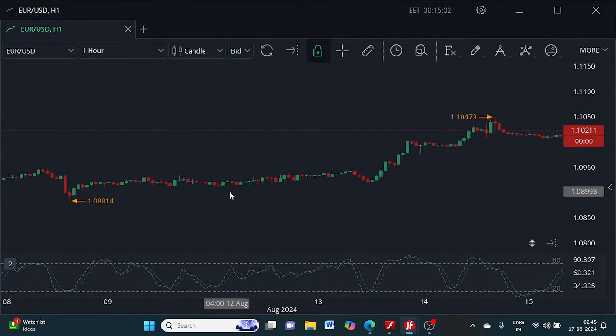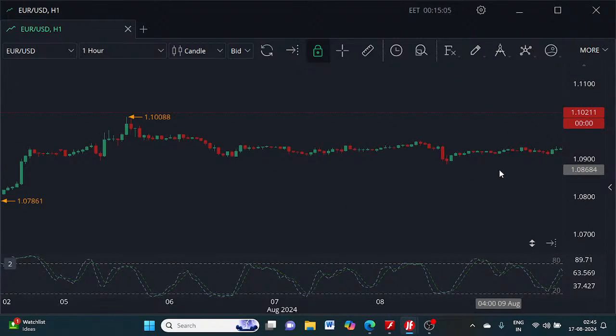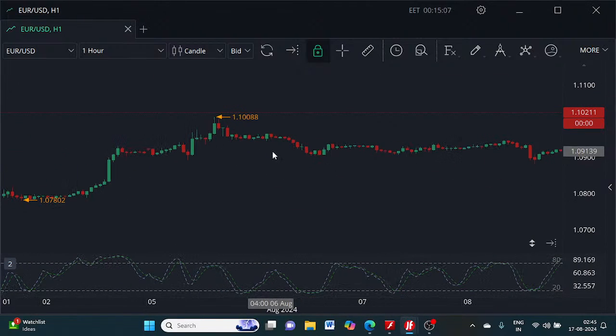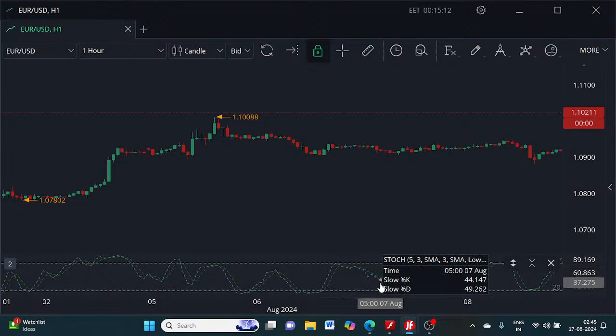So one of the ways I have tried to explain to you is simply looking for short selling opportunities when the output values of the percent K and percent D are below the 50 mark and going for the long trades only when the output values of percent K and percent D are above the 50 mark, and then you want to get involved when there has been correction while the momentum has not really changed.